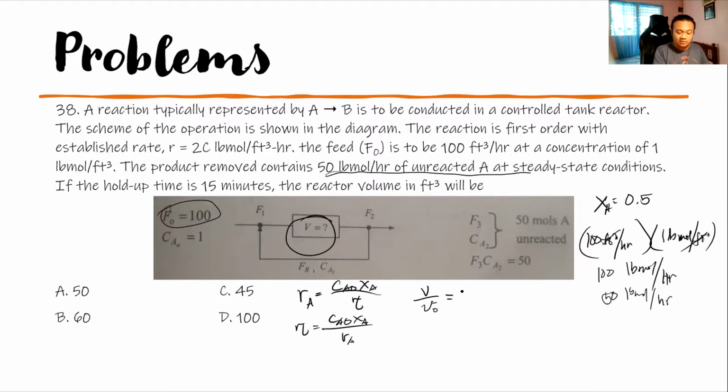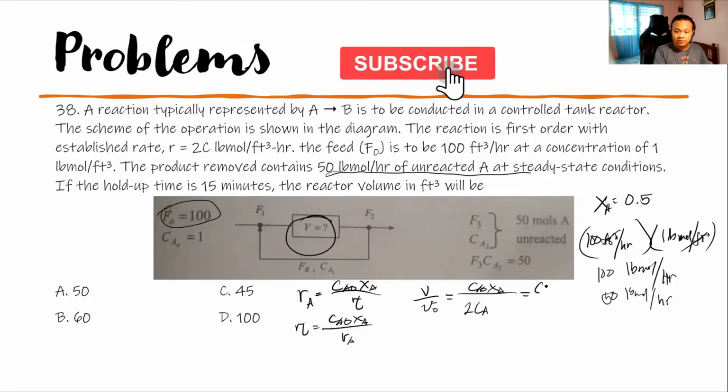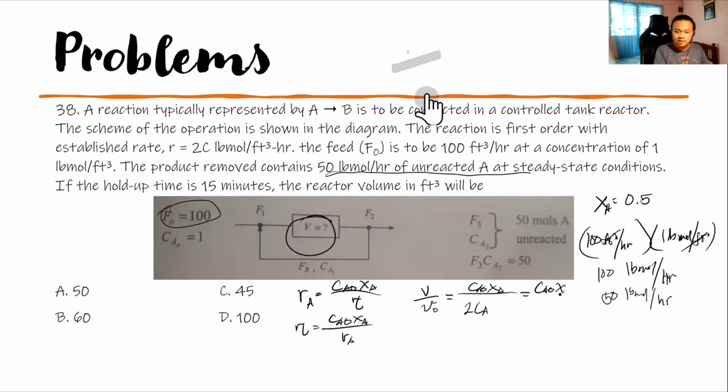And then we have kCA, and the rate is 2CA. And if we go further, replacing this in terms of conversion, we have 2CA0 (1 minus XA).